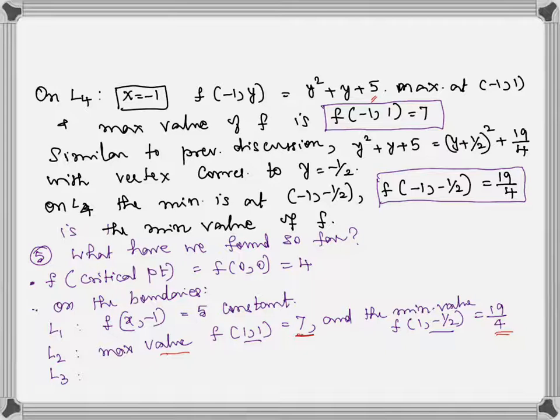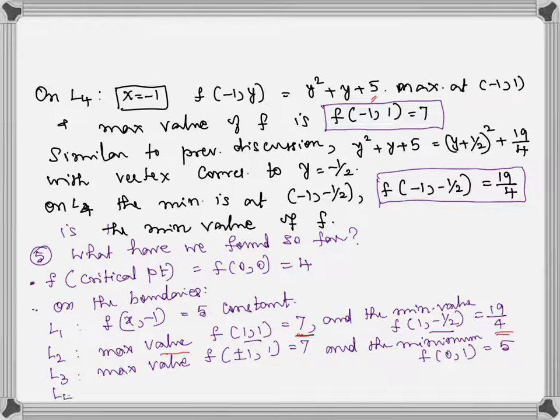Then on L3, the maximum value is f of (plus or minus 1, 1), which is equal to 7, and the minimum value is f of (0, 1), which is equal to 5. On L4, the maximum value is f of (-1, 1), which is equal to 7, and the minimum value is f of (-1, -1/2), which is equal to 19 over 4.